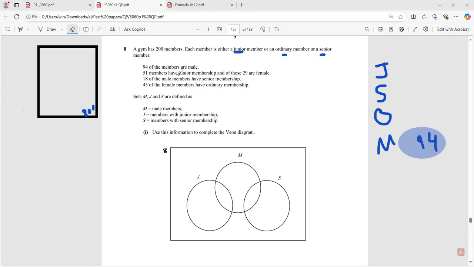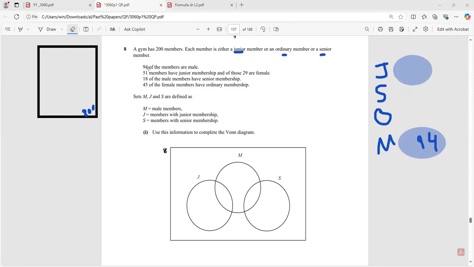And the 51 members have junior membership, and those include 29 females. So from the junior there is a total of 51. So we are also going to make it in our schedule for the junior.